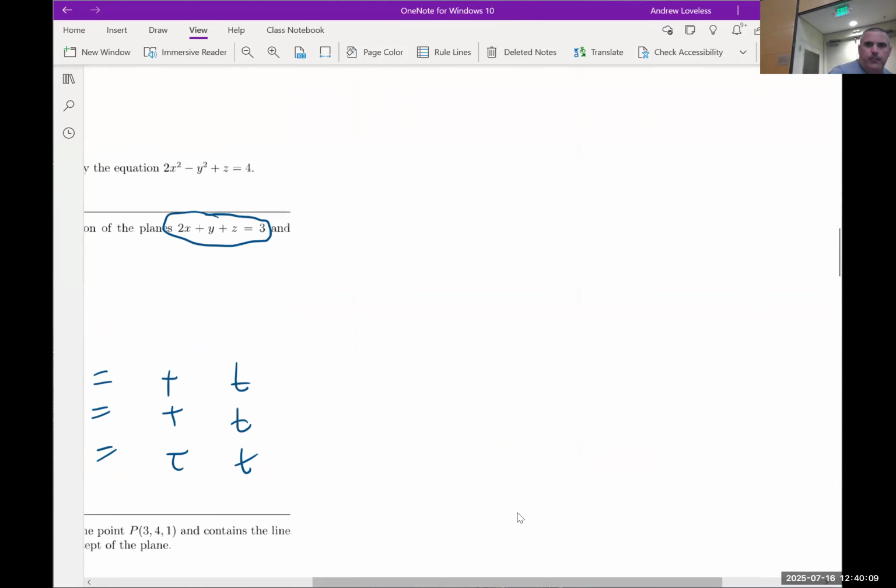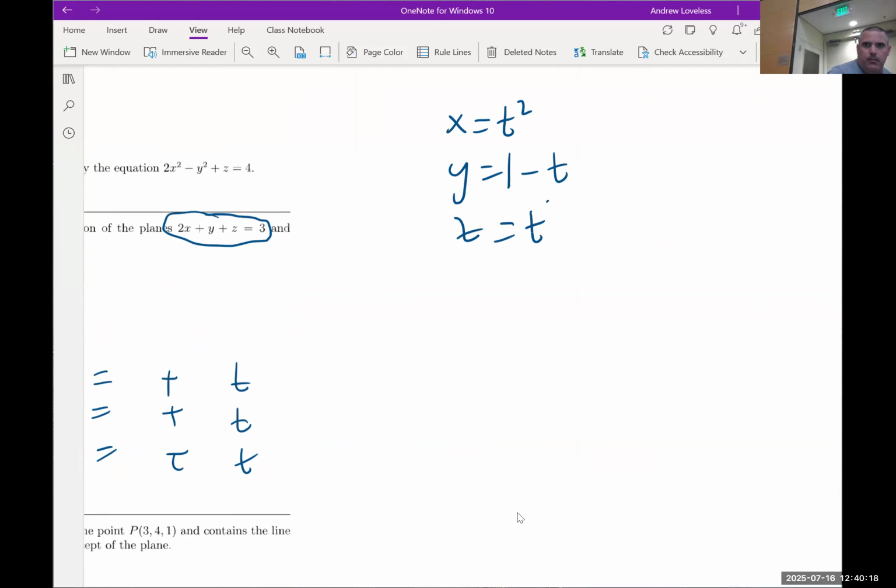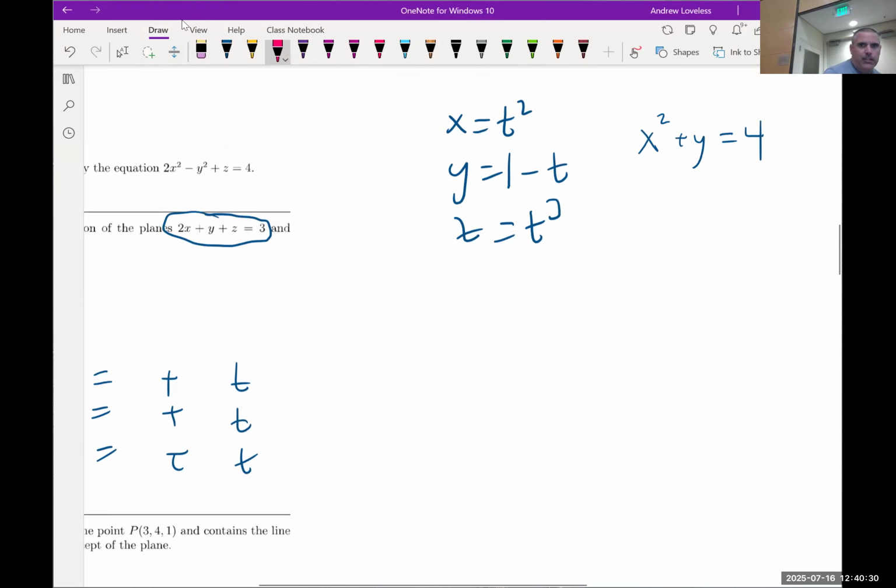Here are the three situations. I'll make up an example. So you have this 1 minus t, z is t to the third, and you have a surface, x squared plus y equals 4. And because I'm randomly making these up, it might not be nice.